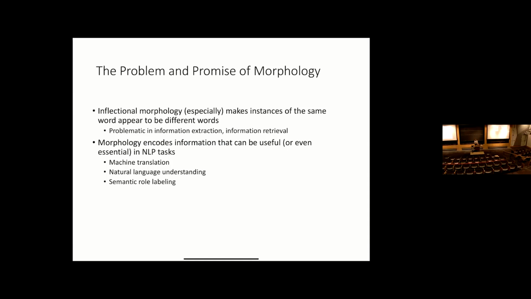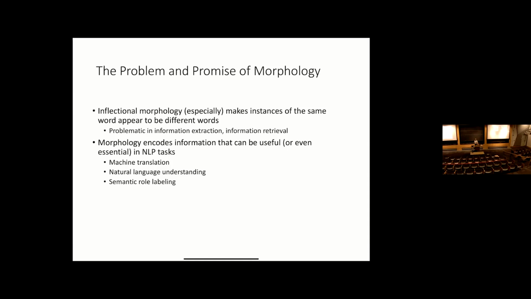But morphology also encodes a lot of information that can be useful or in some cases even essential in NLP tasks. This is true in machine translation, in natural language understanding, in semantic role labeling, for many languages. Probably not true for English, where you have massive amounts of data and relatively little morphology. Probably not true for Chinese, where you have massive amounts of data and even less morphology.